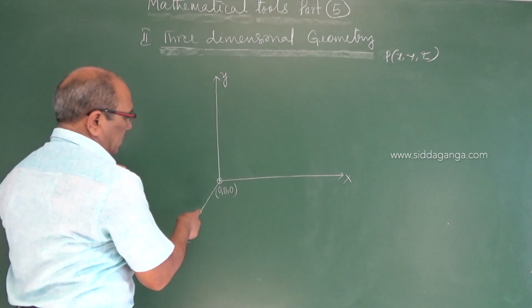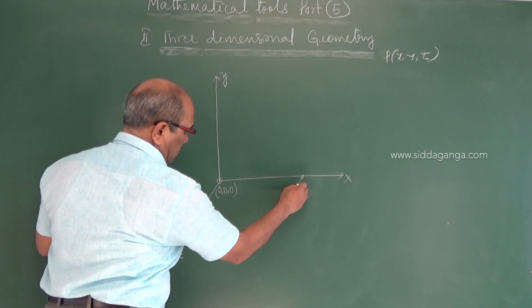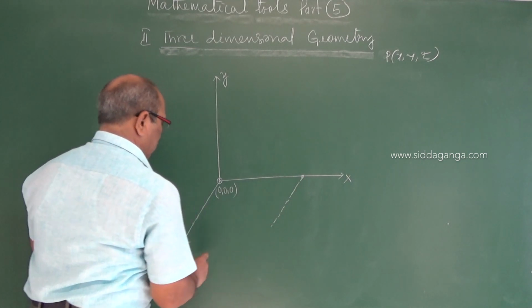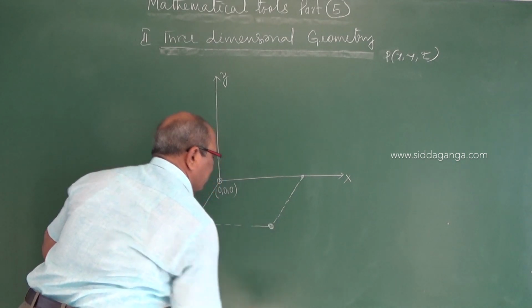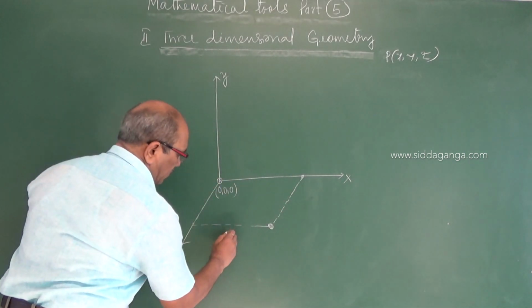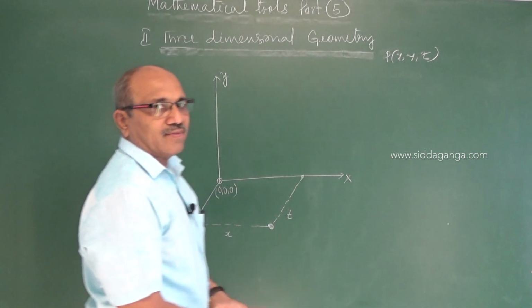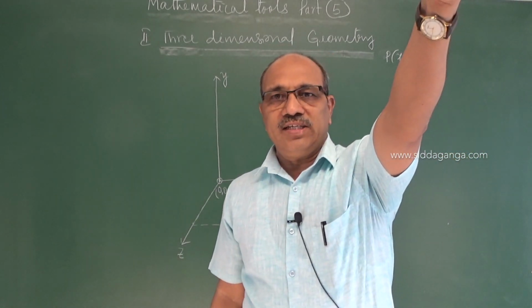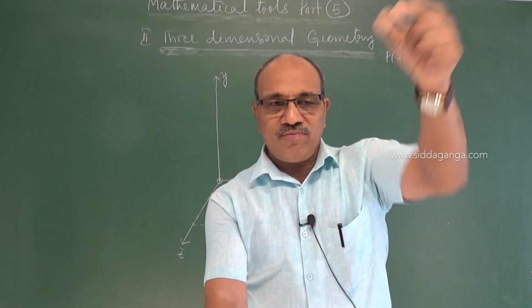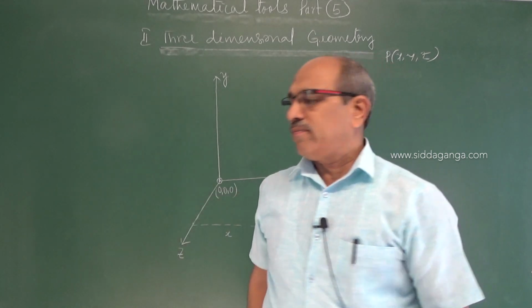If I move perpendicular to x and come to this point, this is nothing but the x coordinate, and this is nothing but the z coordinate. I located the point on the floor. The fan is hanging here, meaning I found the point on the floor. One is the x coordinate, the other is the z coordinate, as we did in the xy plane.